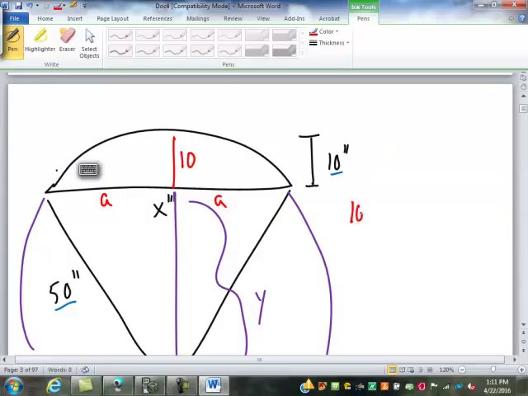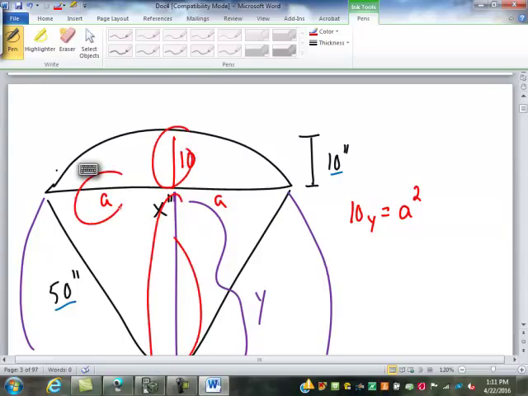So I know that 10 times Y equals A squared, 10 times Y equals A times A. But I also know 10 plus y equals how much? 100. Where did I get 100 from?